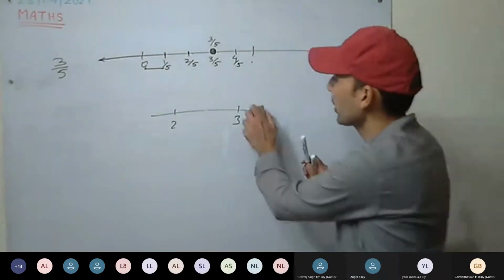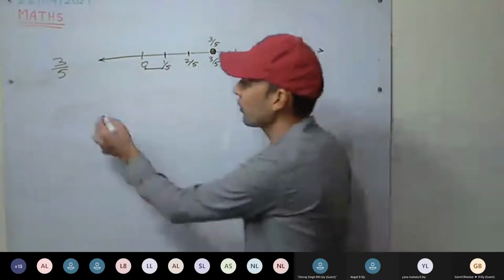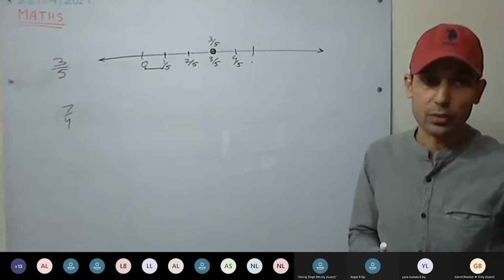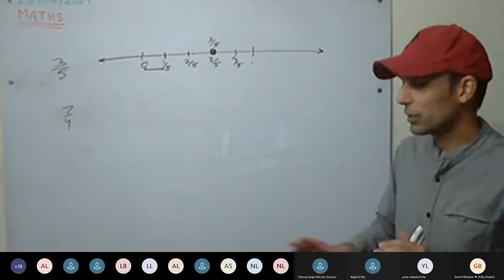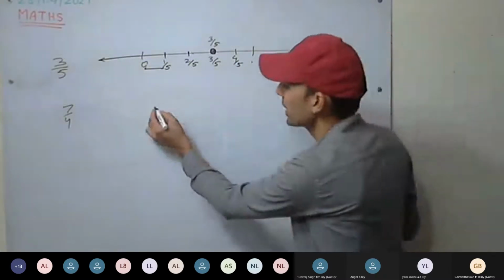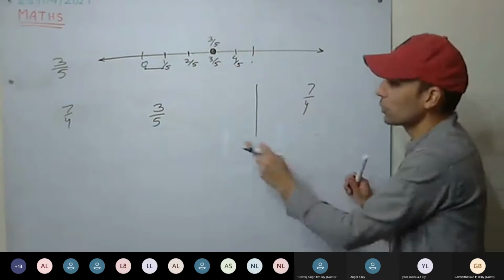Now see here. You are asking how we will figure out between which two whole numbers 7 by 4 lies. There are two ways to do that. I am taking 3 by 5 this side and 7 by 4 here.